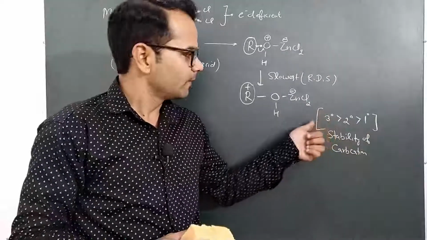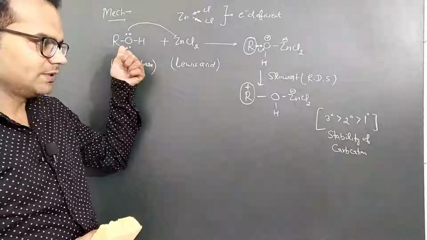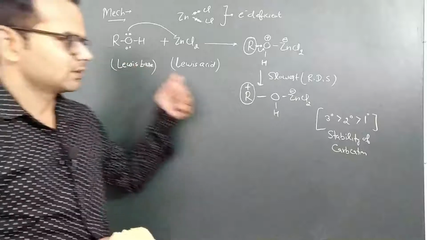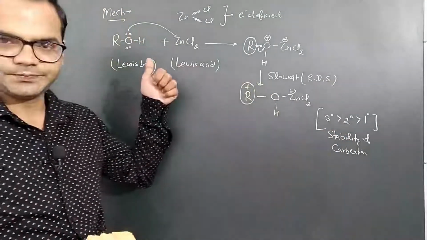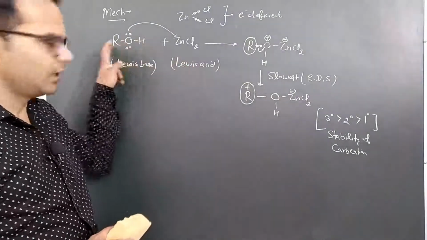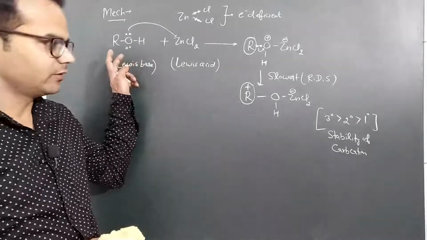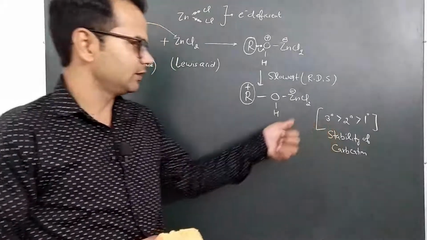It means the alcohol containing the more stable carbocation, it means tertiary alcohol, will be more reactive. The stability of the intermediate is directly proportional to the reactivity of a reactant. So this alcohol must be tertiary alcohol to give us a tertiary carbocation, right?